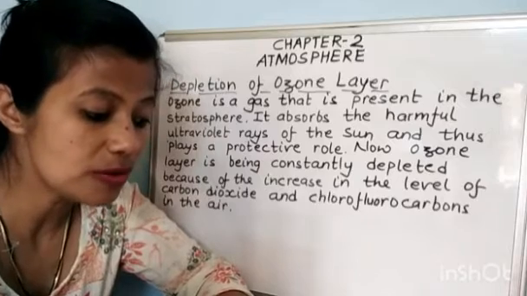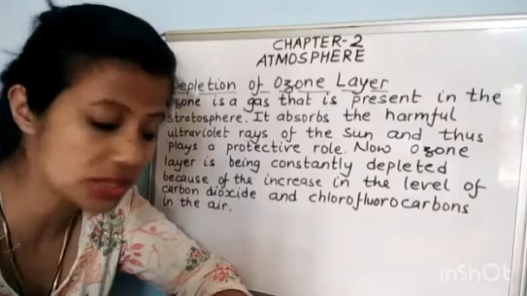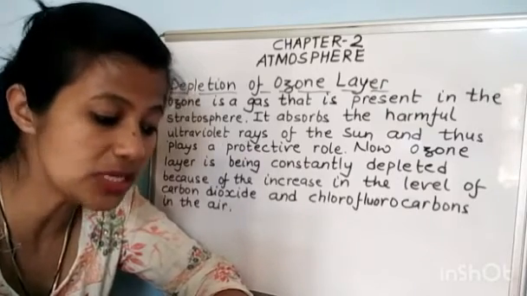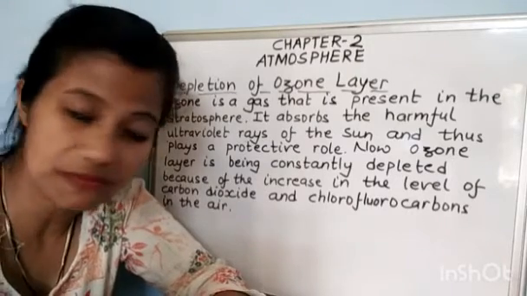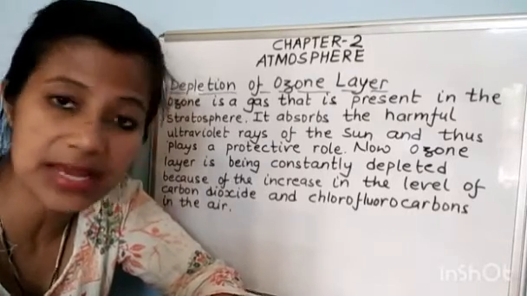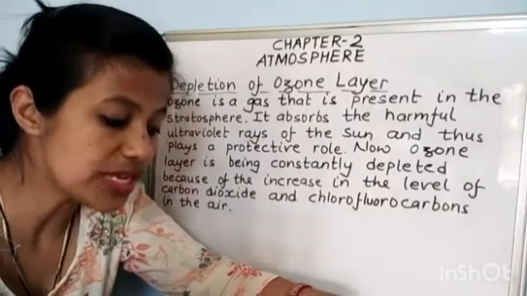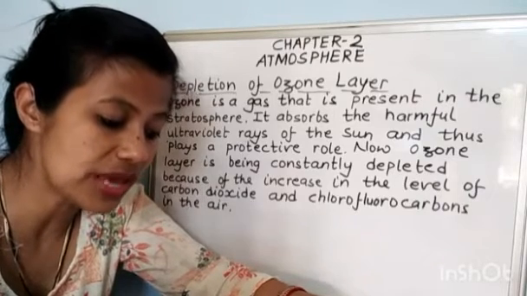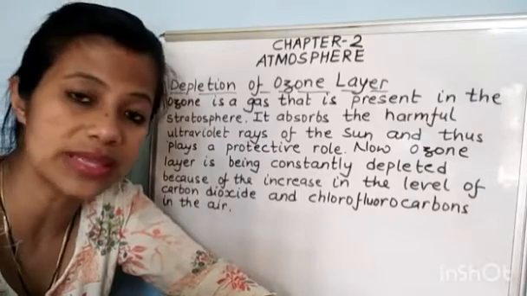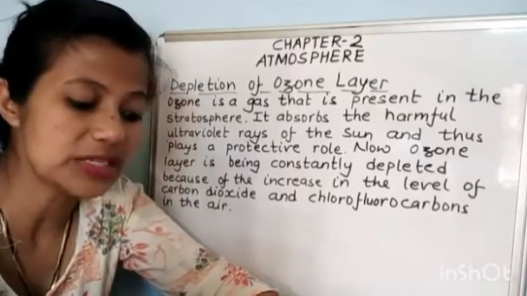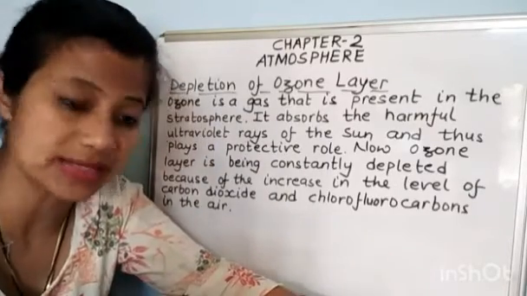The amount of carbon dioxide in the atmosphere increases due to deforestation, burning of fossil fuels and automobile emissions. Chlorofluorocarbons are used in refrigerators, air conditioners and aircraft. Even large volcanic eruptions which release toxic gases like sulfur dioxide also deplete the ozone layer. All these things are responsible for depleting the ozone layer.